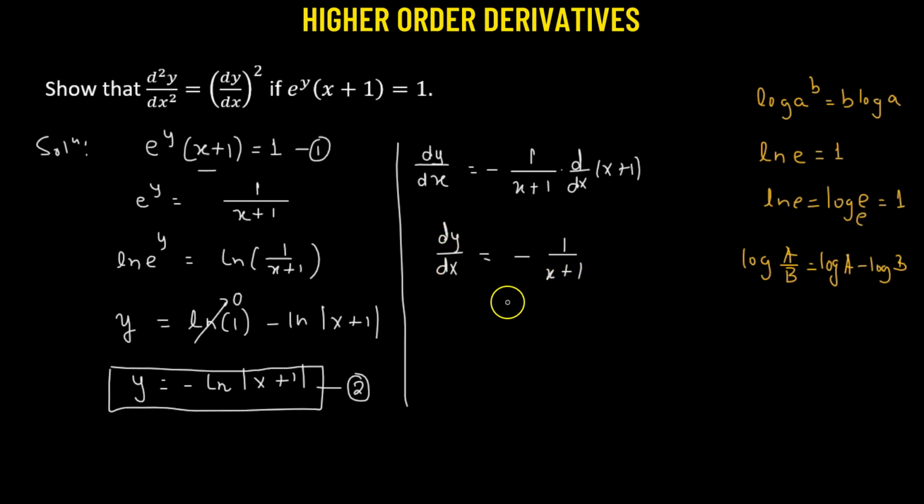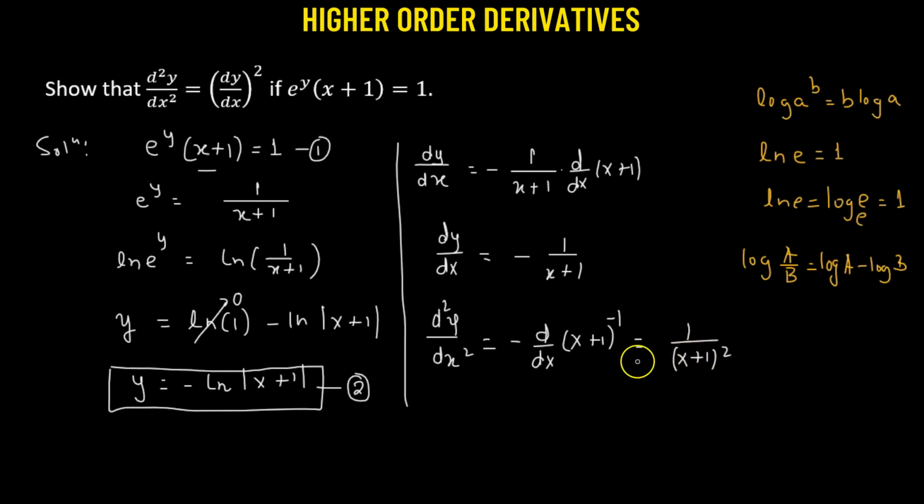Fine. Now we'll again take its derivative with respect to x. So the second derivative of y with respect to x will be equal to negative of the derivative with respect to x of (x plus 1), which we'll write as (x plus 1) raised to the power of negative 1. This gives us the value 1 over (x plus 1) whole squared.